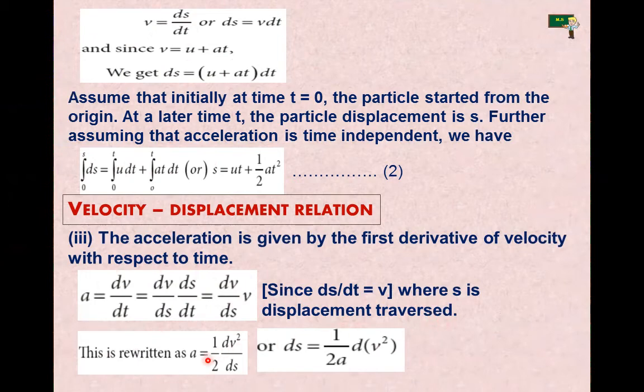Now the equation is rewritten as a is equal to 1 by 2 dv square by ds. We square this v, so dv square by ds. So ds is equal to 1 by 2a into dv square.